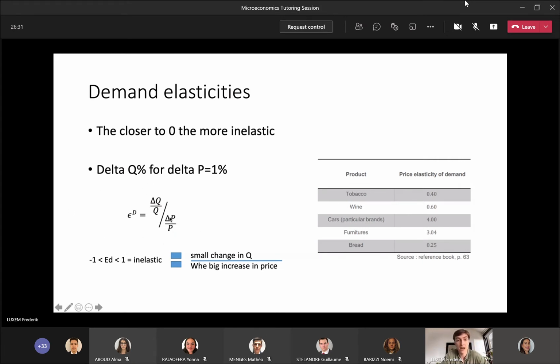If we have a high increase here of a price, so we have a big number here, the quantity will not go up a lot. So we have a small number divided by a huge number if we go into extremes. So small divided by huge equals very small, so smaller than 1. So here for tobacco, it makes sense. People are addicted to smoking. So if you increase the price, they'll still buy your cigarettes.